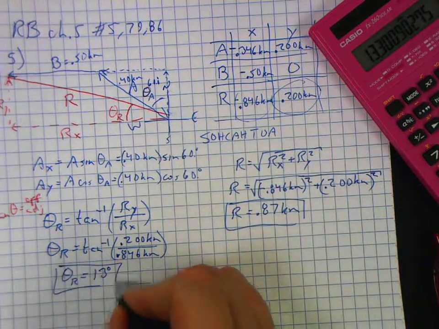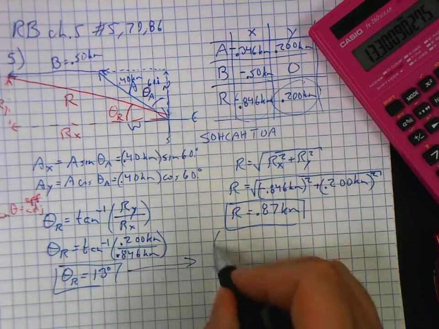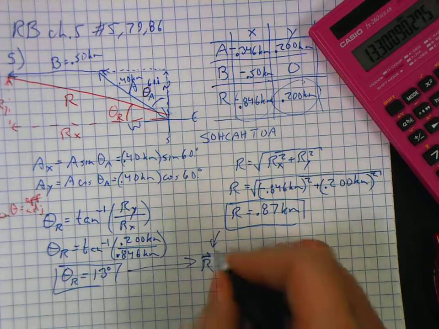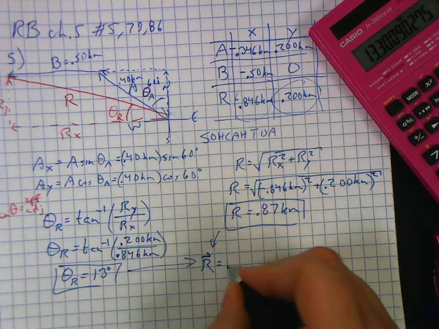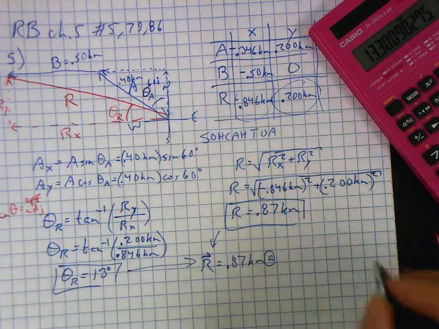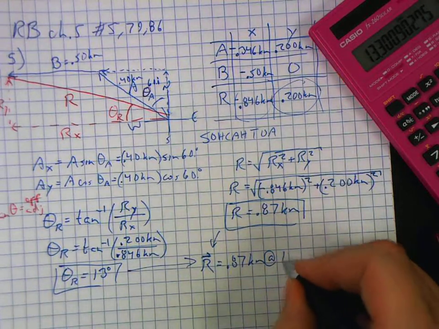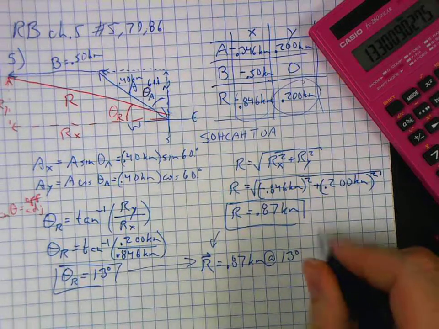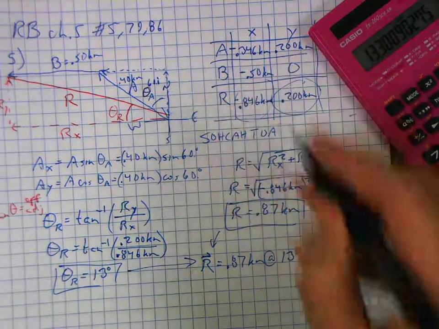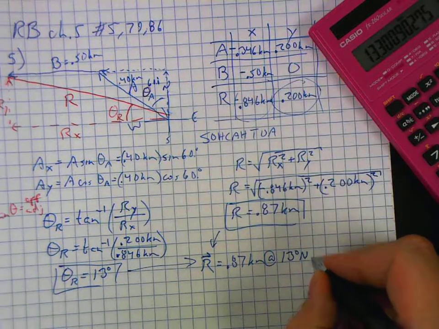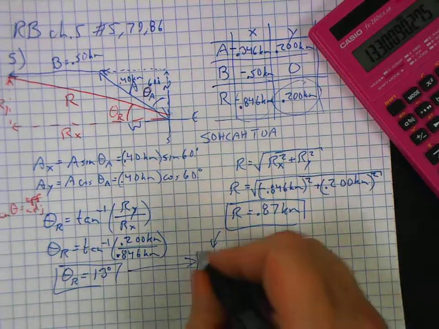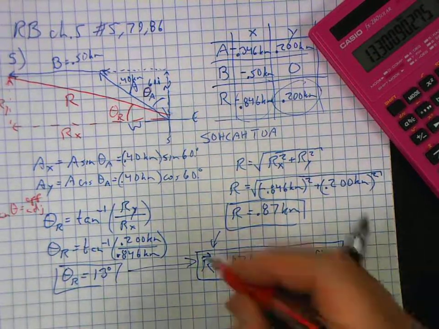So that means that when I combine this one and this one, I get that vector r is equal to 0.87 kilometers at 13 degrees. And this is curving up from west. So this is 13 degrees north of west. That is the final answer for the problem.